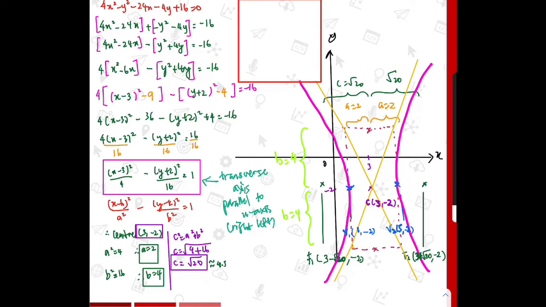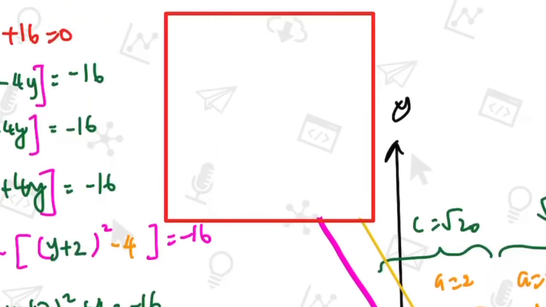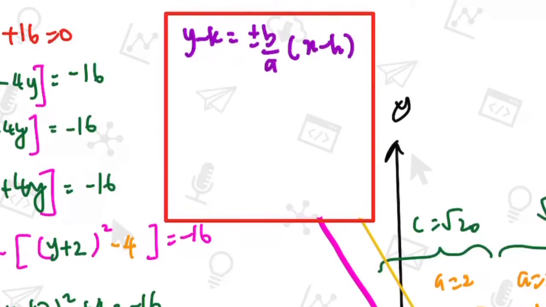The final step we need to do is find the equation of the asymptote. So since this is a hyperbola with transverse axis parallel to the x-axis, our general equation of the asymptote is y minus k equals plus or minus b over a times x minus h.